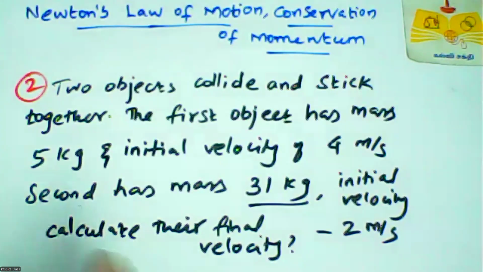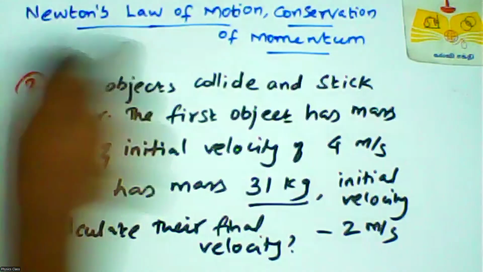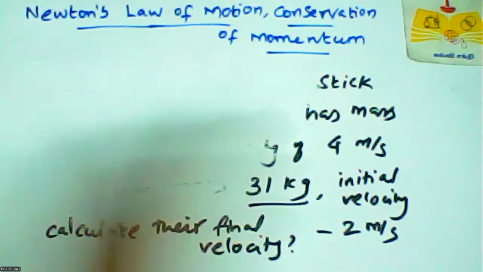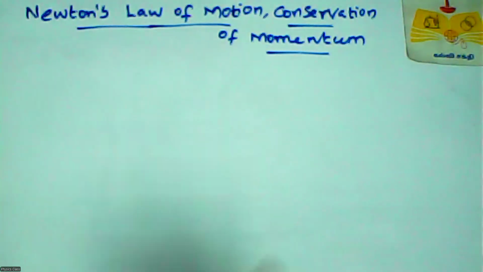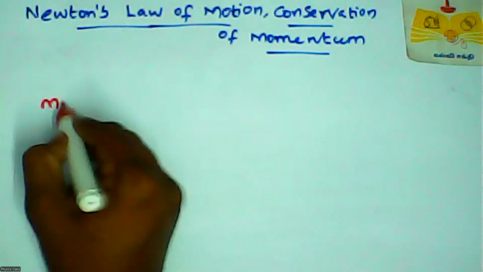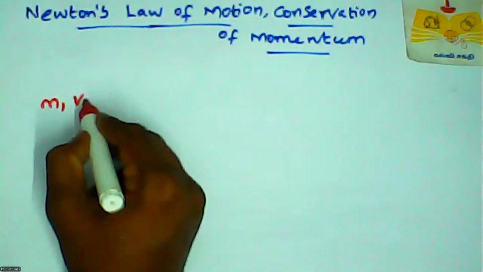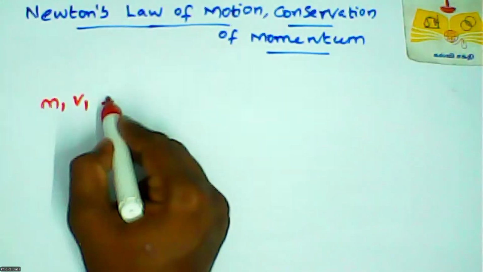So we use the conservation of momentum principle: total momentum before the collision equals total momentum after the collision. Total momentum before the collision is m1 v1 for the first object plus m2 v2 for the second object.